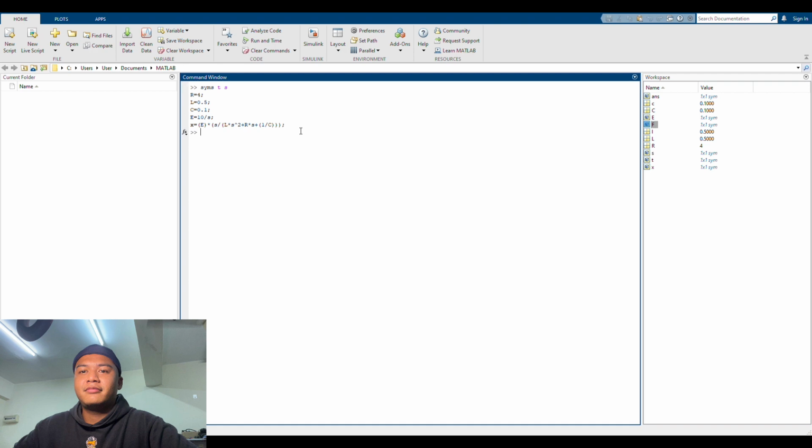So for the next row, I use f equal the inverse Laplace transform. That means inverse, then I put Laplace x.